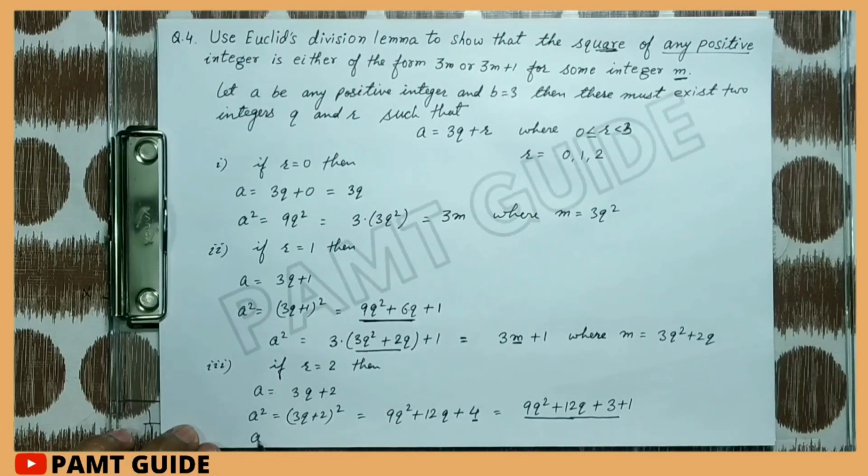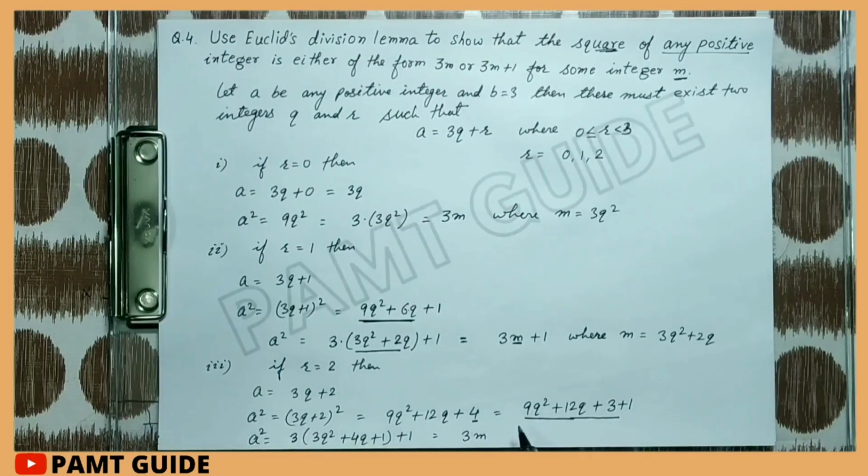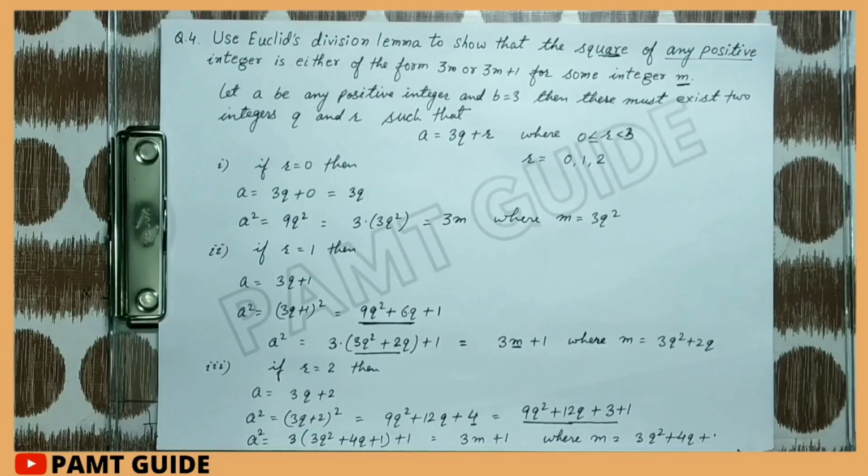Then a square is 3 times 3q square plus 4q plus 1, plus 1. So we can write it as 3m plus 1, where m equal to 3q square plus 4q plus 1.